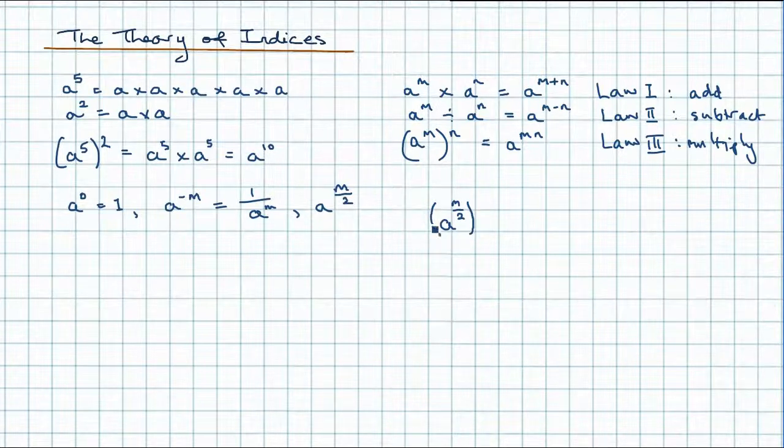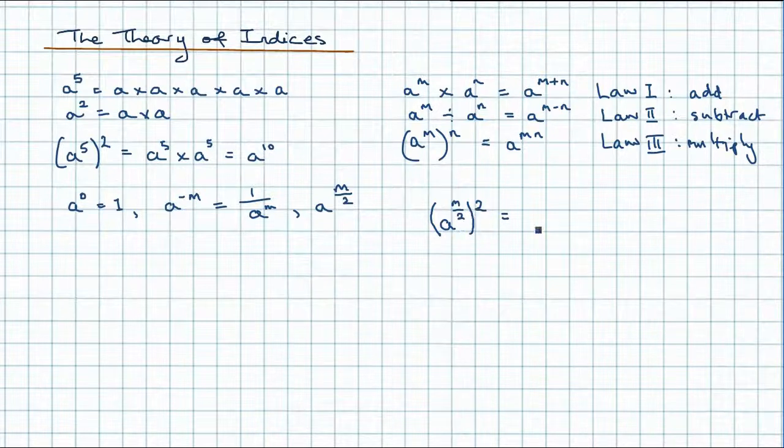So if we have a to the m over 2, so that's half m, you could say, so it's a fractional index. And by the third law of indices, which is what I'm going to work with now, what would happen if I squared this? And you'll see why I'm doing this in just a moment. Well, what would happen is we would multiply. So the third law says we multiply in this situation. And we would be multiplying the m over 2 by 2.